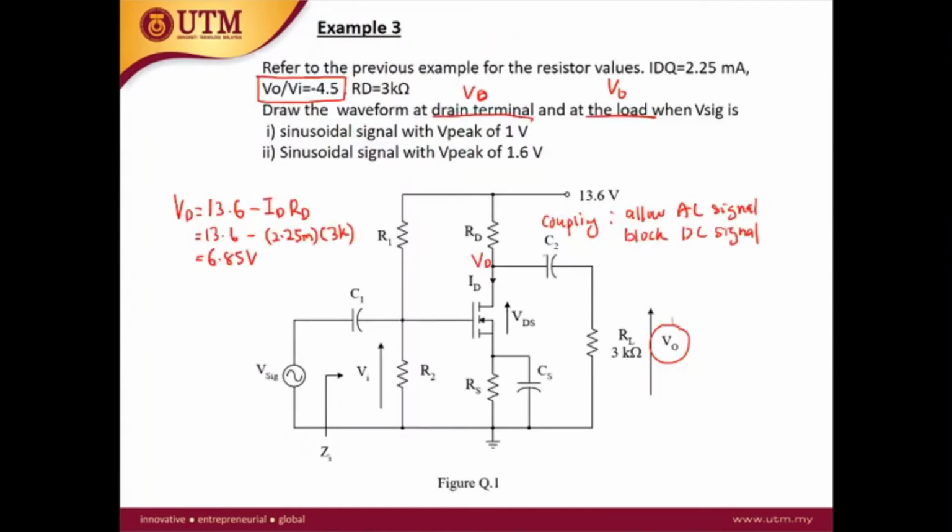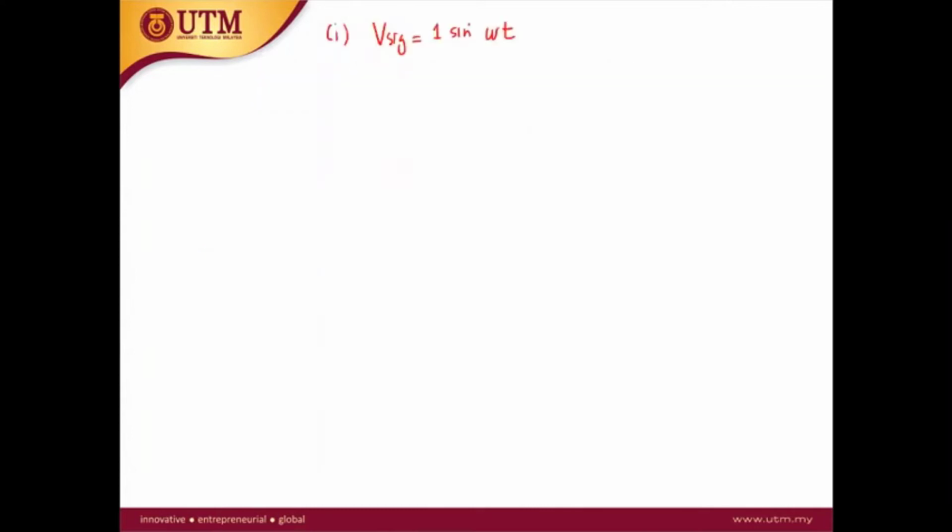There is no internal resistance of the signal, so the V signal will be equal to Vi. We know that the AV, Vout over Vi, is equal to minus 4.5.